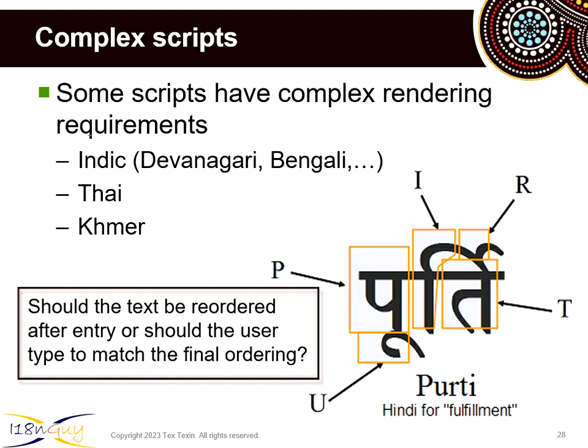And here's one of my favorite examples. This is the word purti. In Hindi, it means fulfillment. And you essentially spell out P-U-R-T-I. But what you'll see is that the characters are positioned below and in front of other characters and are recombined.